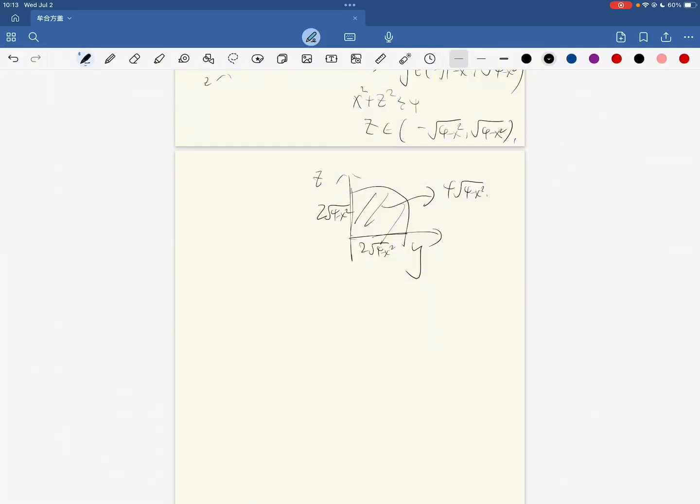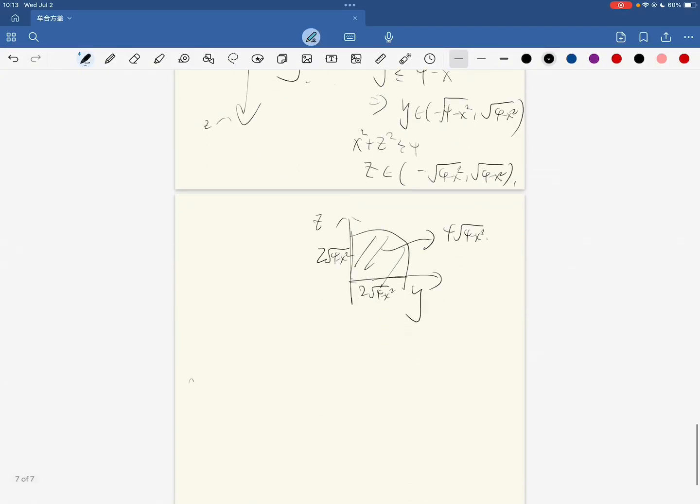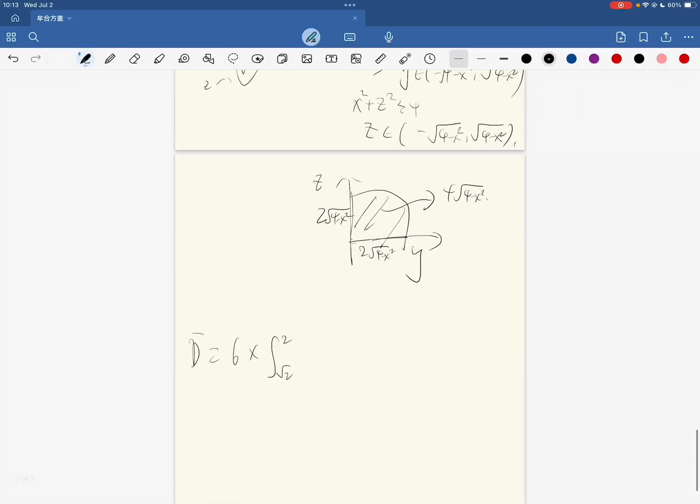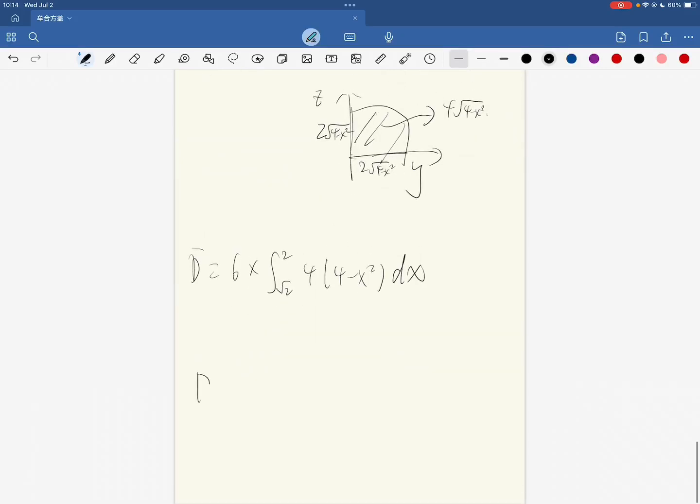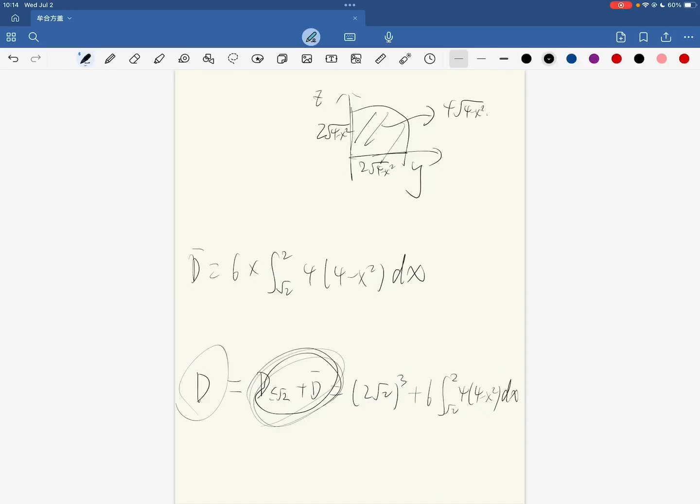Therefore this part. The main idea is that these two parts don't have a cross part, and together they make the whole D.